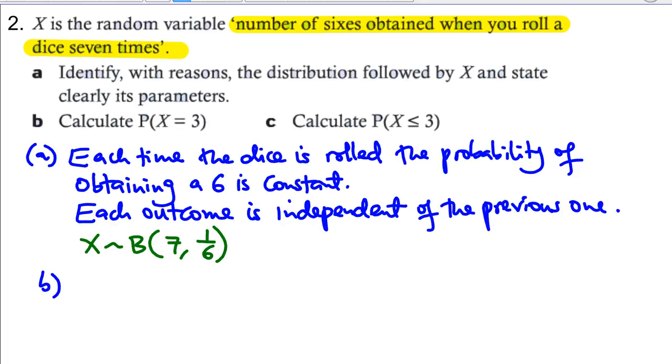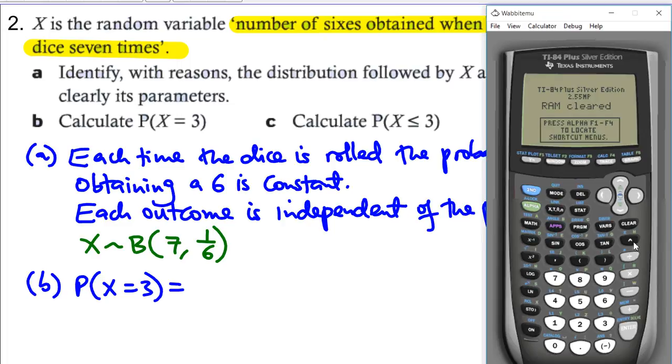The probability that x is equal to 3 can be worked out using your calculator. This time round, you can just plug it in your calculator, and I'll show you how to do it.